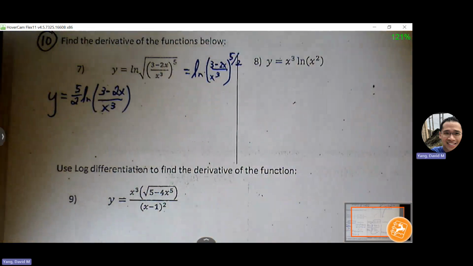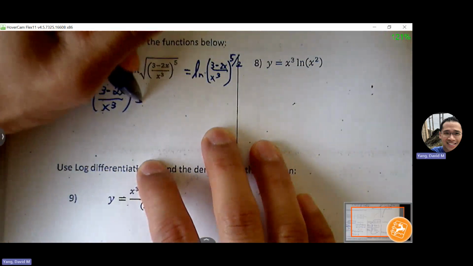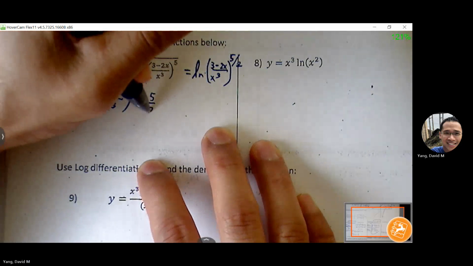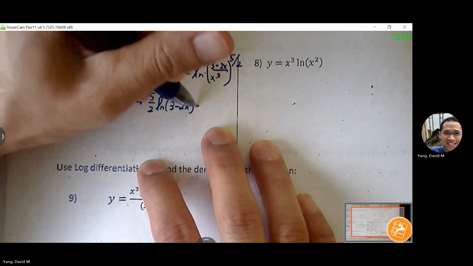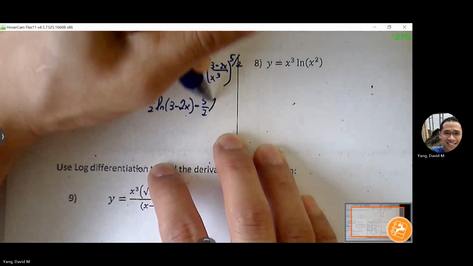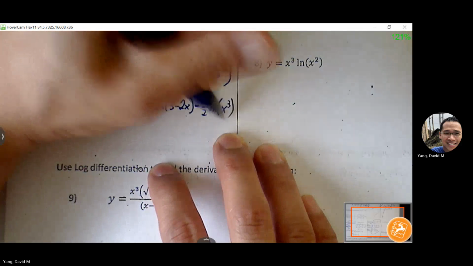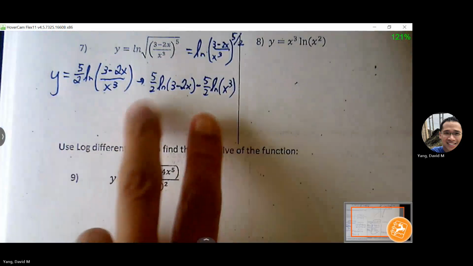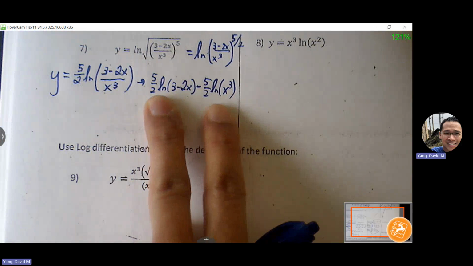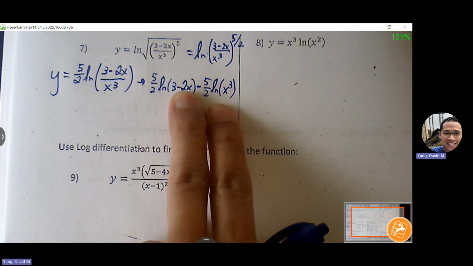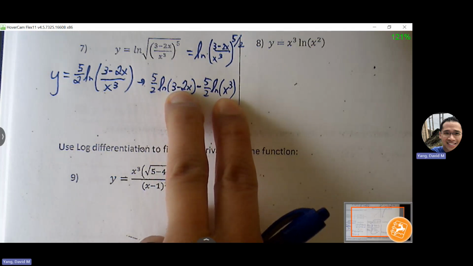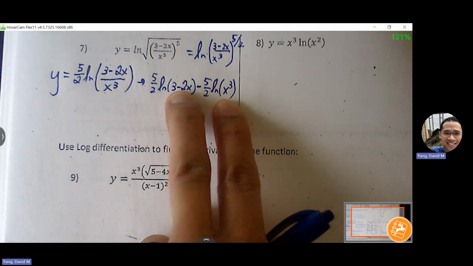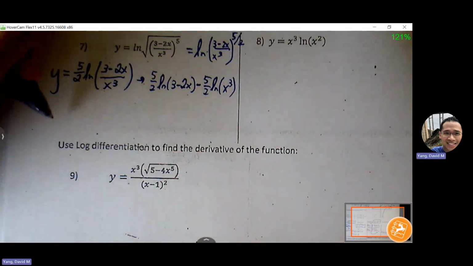And the 5/2 will just attach itself to both my terms there. Right, much easier to work with because my u value doesn't have messiness with exponents. It's just a simple power rule to get to my u prime. Okay, so now we're ready for our derivative.